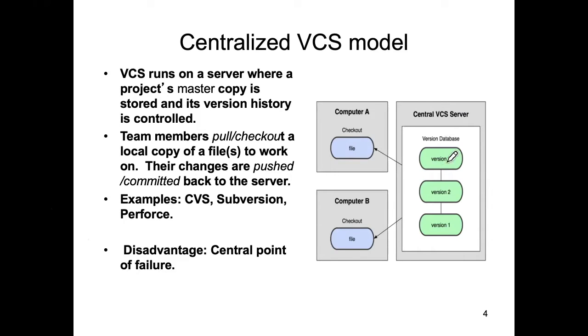But you had a central server, and it was on that server where we stored centrally the history of our project, let's say. It stored the copies of each of the files within our project, and it also recorded the history of changes that happened to each file.